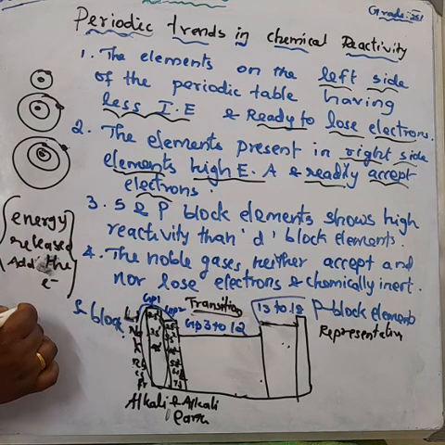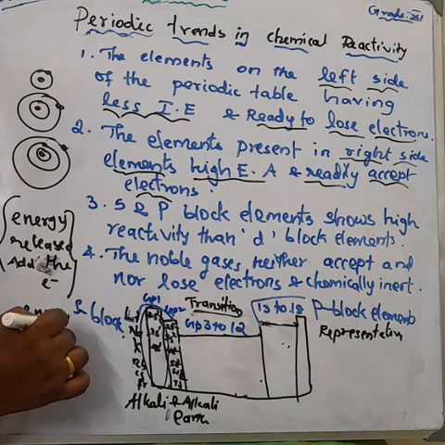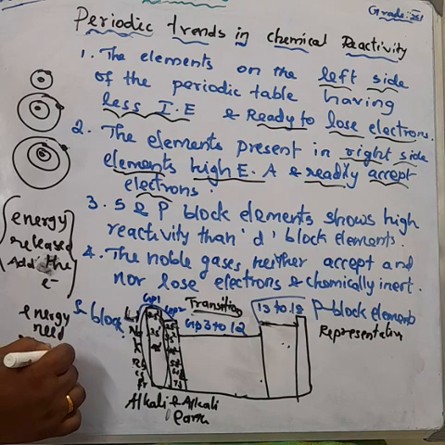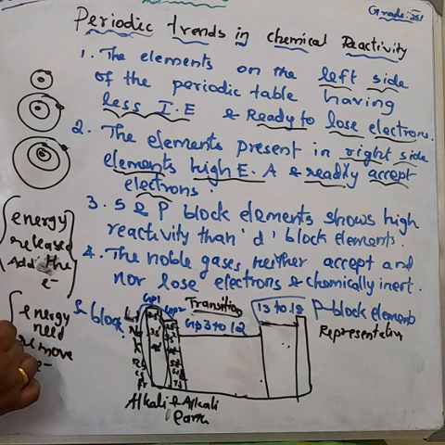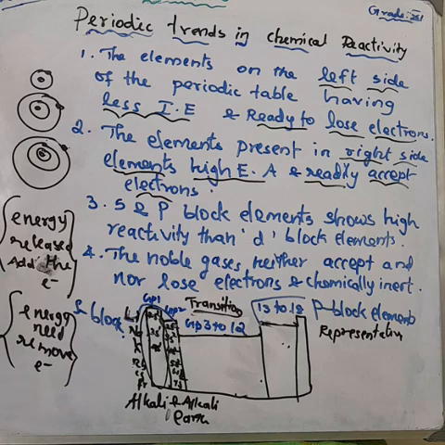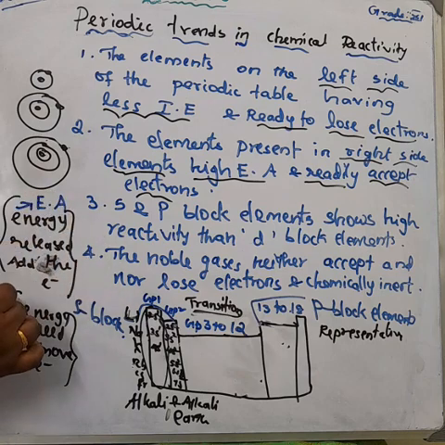To add electrons to an outermost orbital, the atom releases energy. Understood? So electron affinity means the minimum amount of energy released when an electron is added to the outermost shell. So here, the elements present at the right side of the periodic table.